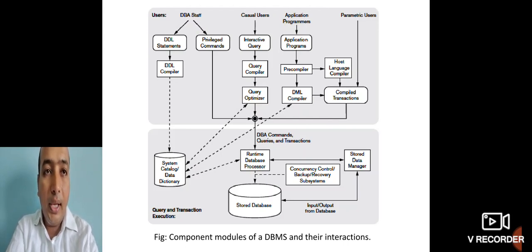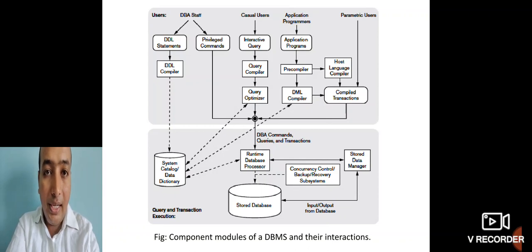In the same way, the application programmers build their own applications, which are given for execution to the precompilers, which in turn use the DML compilers, and the rest of the commands are executed by the host language compilers, which are then given to compile the transaction.